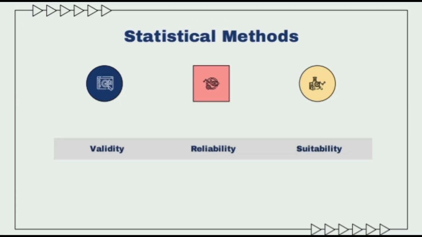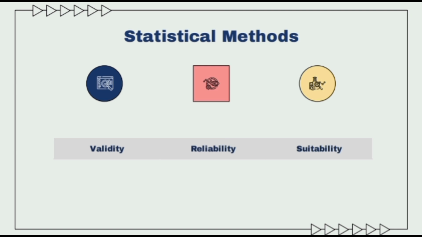Statistical methods. Validity. Use of the content validity ratio, CVR, and content validity index, CVI. CVR measures validator consensus. CVI measures the overall validity of the instrument. Reliability. Comparison of calculated R values with the table R values.